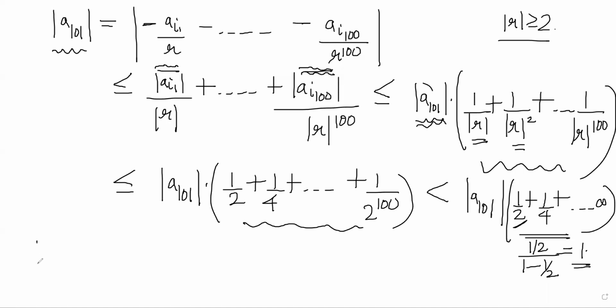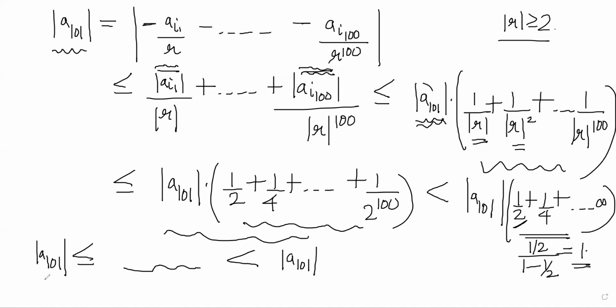So we are getting mod of a101 is less than or equal to this, but that quantity is less than 1 times mod of a101, which is a contradiction, right? So this is a clear contradiction. Mod of a101 cannot be less than mod of a101.